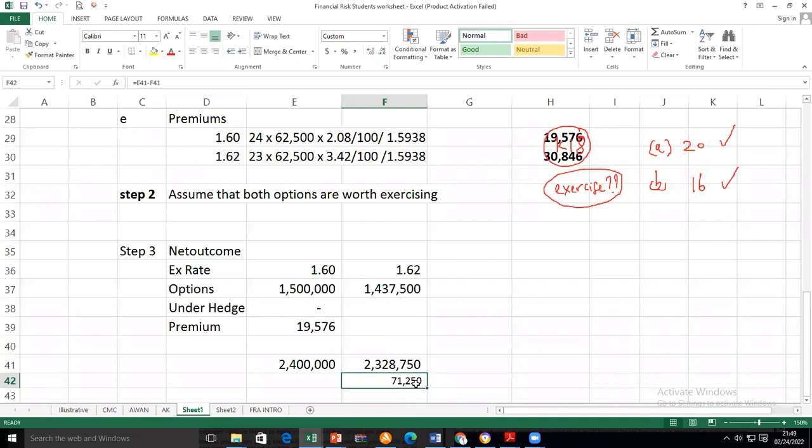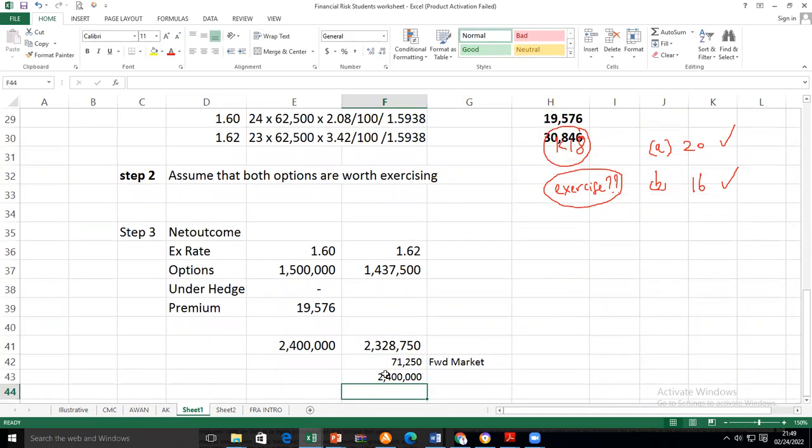How do you hedge this? Hedge them on the forward market. This balance here, which will take you to the total of 2.4, you hedge this on the forward markets.